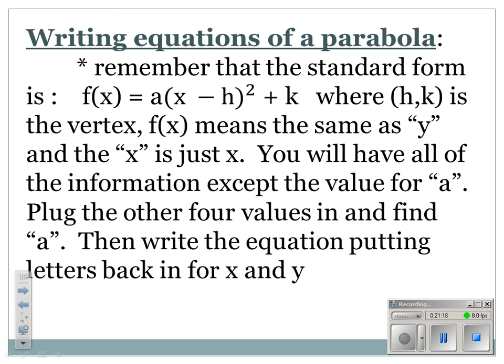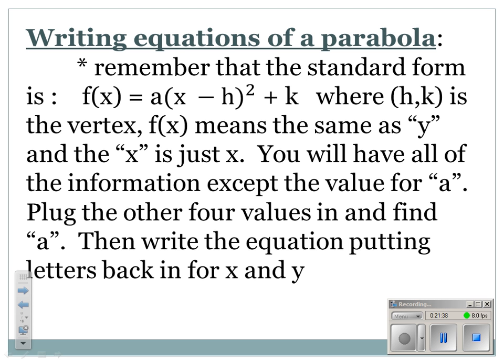Remember that f of x is the same as y, and the x in there is still just x like always. So you're going to have all of that information except for the value a. If there happens to be a stretch or shrink number, you're not going to get that one. That's the one that we're going to solve for, and then we're able to write our equation.